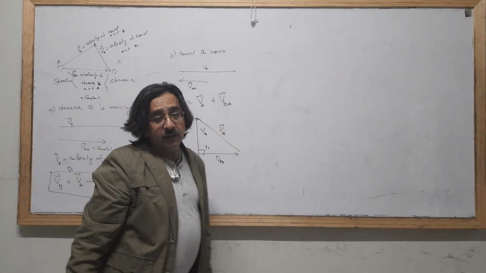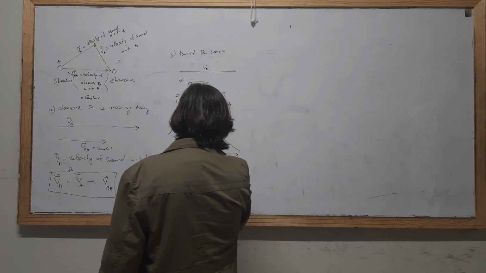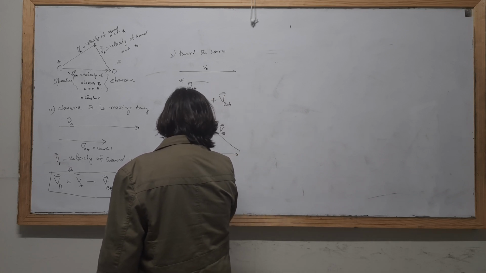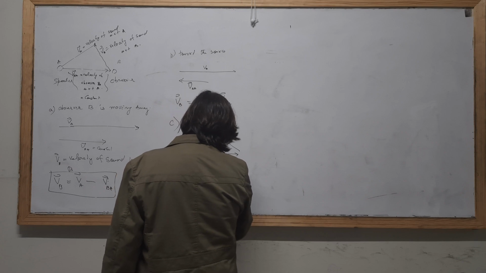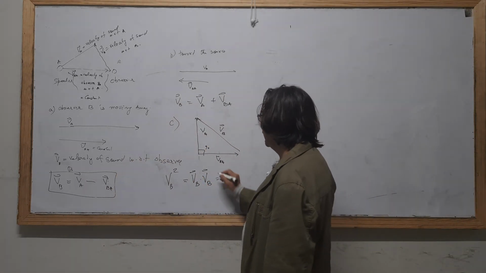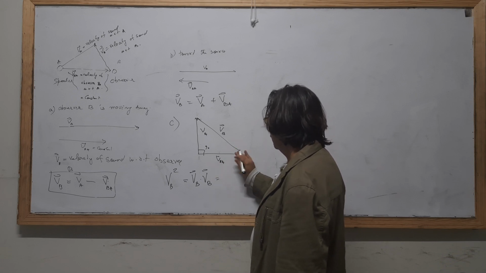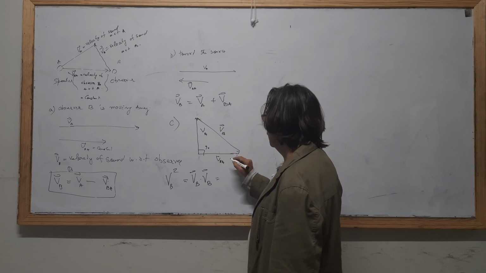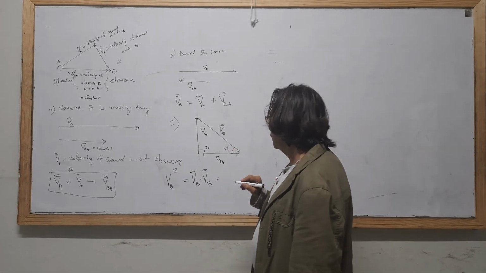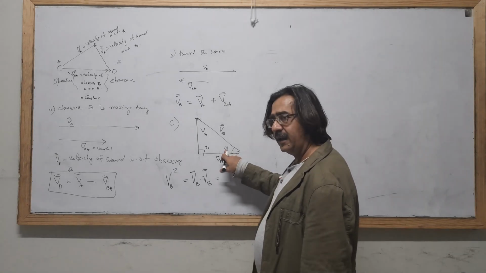VB squared will be equal to the dot product of VB with VB. This is angle theta, and this is angle alpha. We will find that.